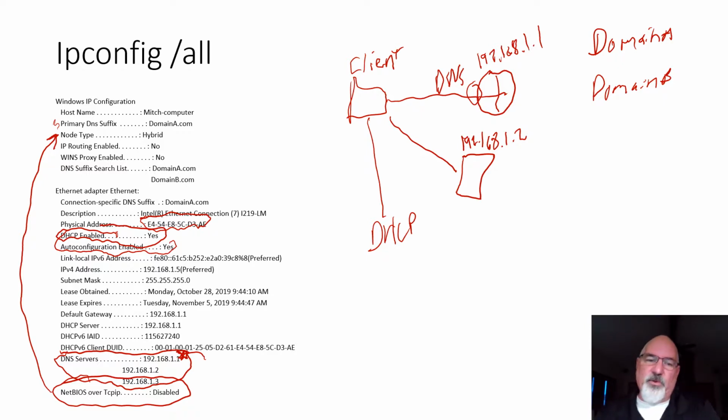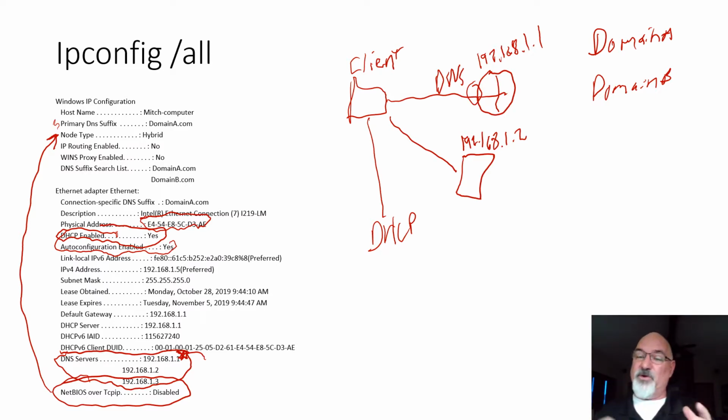So it's really important to take all of that into account and understand what you're getting, right? What is it that comes out of that ipconfig /all? I get that host name. I get the primary DNS suffix search list. I get the DNS suffix search list. I get the node type, and I'm going to talk about that here in just a minute. I get the MAC address. Is DHCP enabled? Is auto configuration enabled?